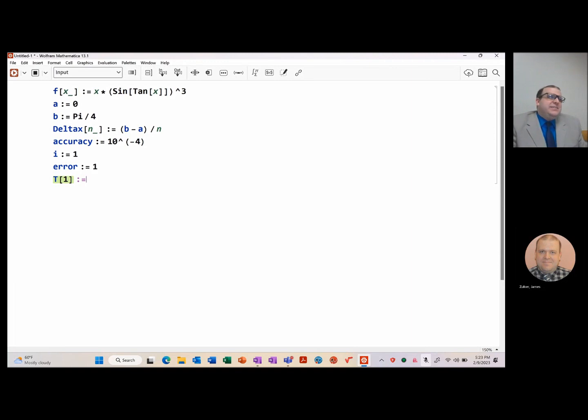I need T sub 1 for my code, even though you would never normally calculate it because it tells you nothing. I just plug it right into the trapezoid formula with n equal to 1.